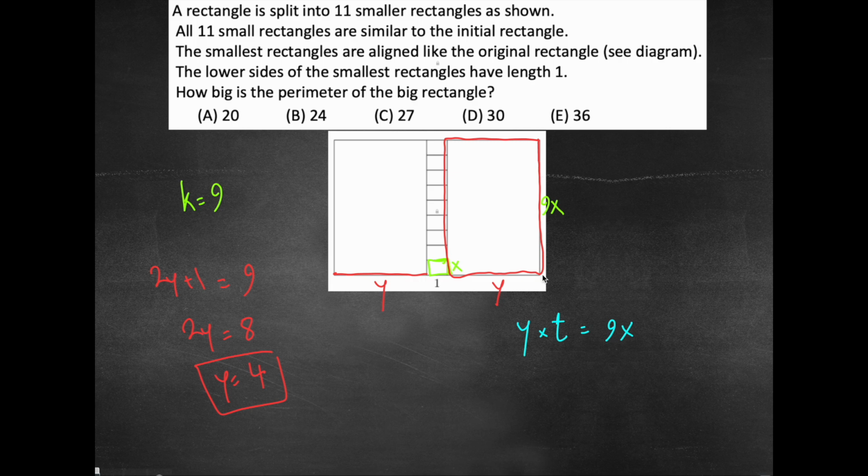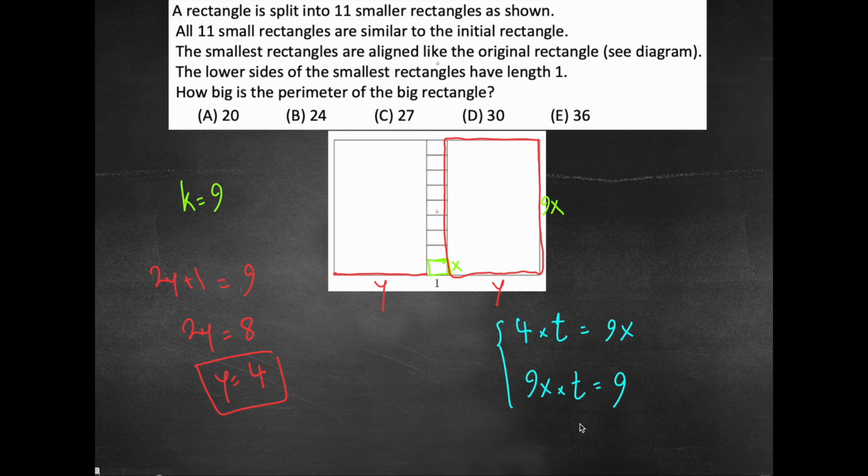And 9x, which is the length of the medium-sized rectangle, when you multiply by the scale factor t, you should get this guy, which is 9. Okay, since I got the value of y earlier, I'm just going to replace it, and that helps me find the value of t and x.